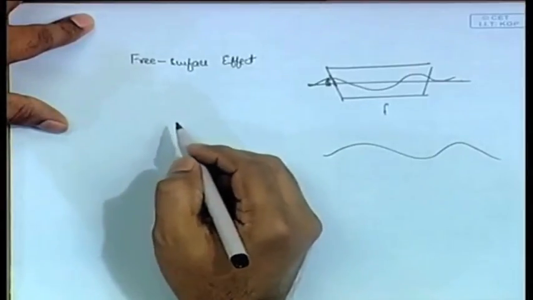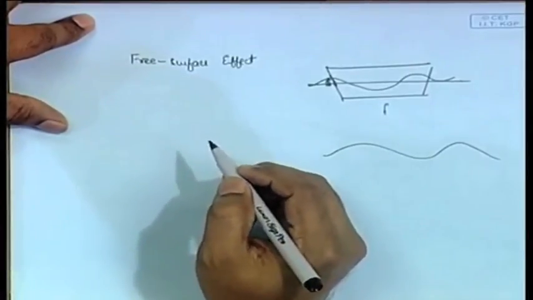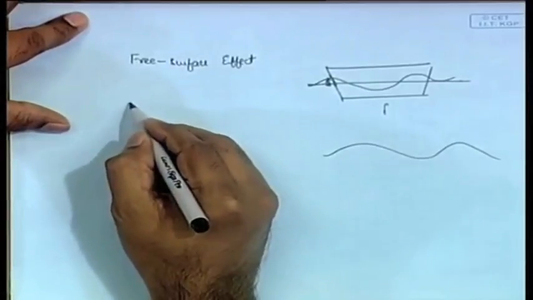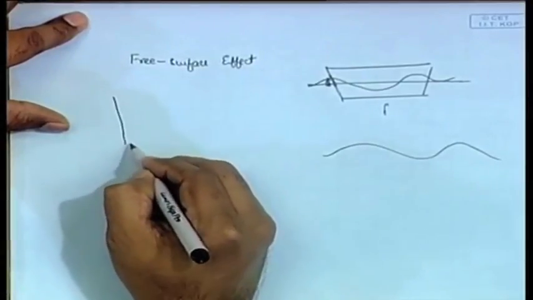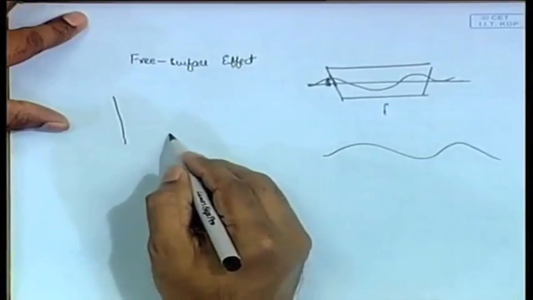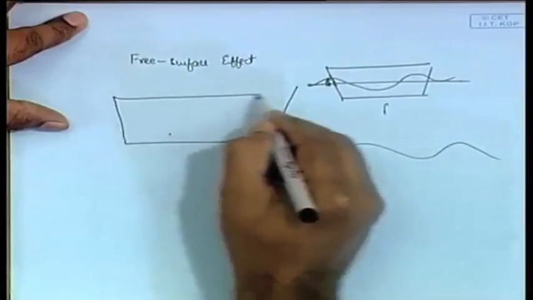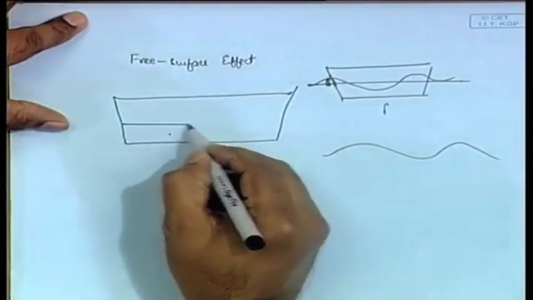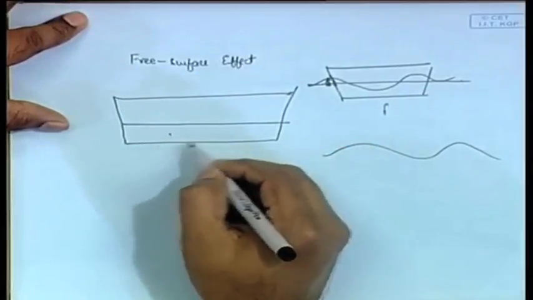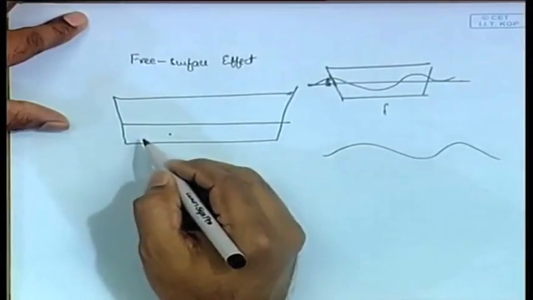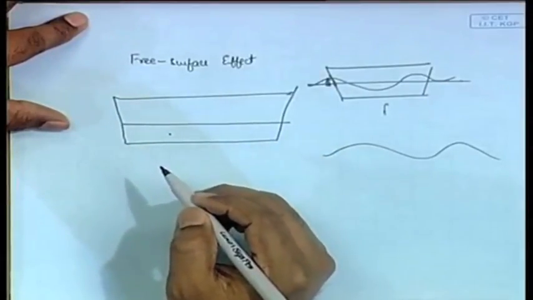The meaning here is, when you are studying the free surface effect, suppose you have a tank in a ship. Okay, let me draw a ship like this. Now suppose that there is a tank in the ship, this much is a tank. Now in that tank, let us suppose there is some liquid.